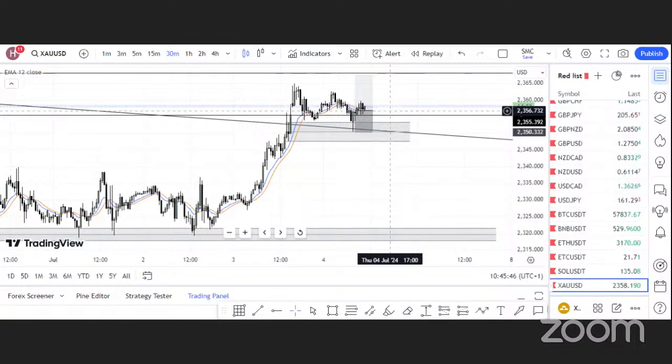So I'm going to open a buy position on XAUUSD with a stop loss below this level.